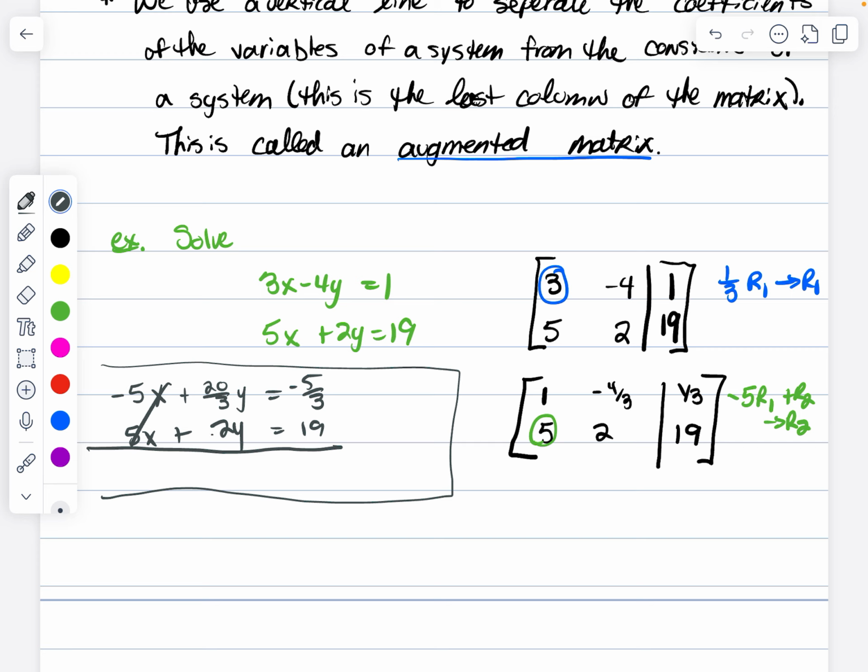So when we add those together, we end up with 26 over 3 y is equal to, and we do the same thing, multiplying 19 by 3.